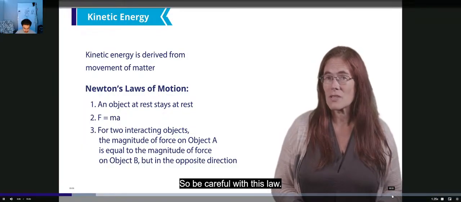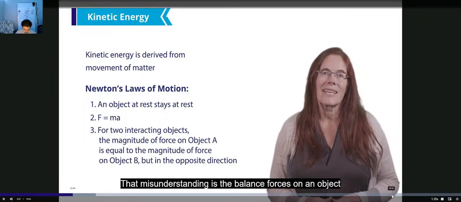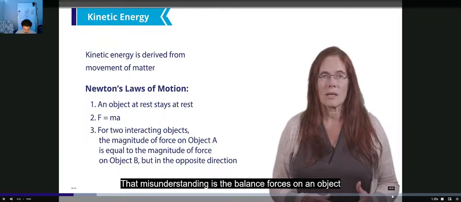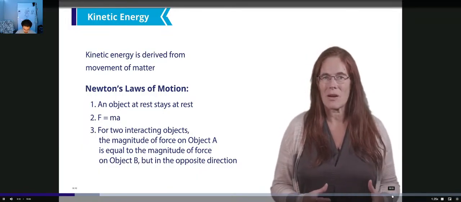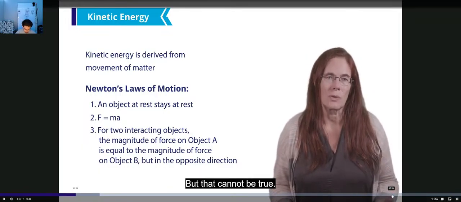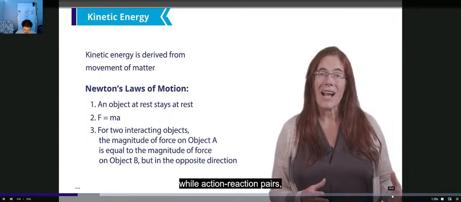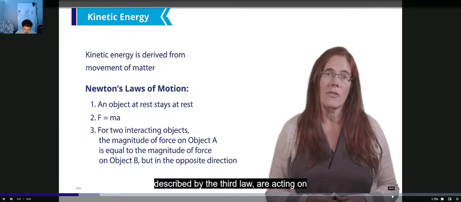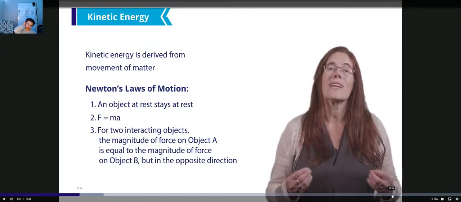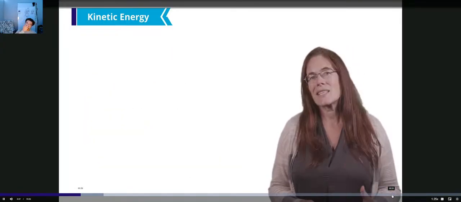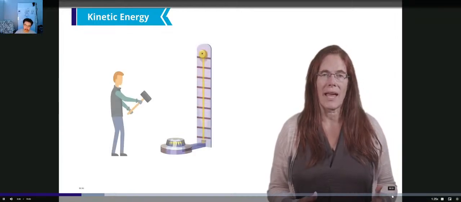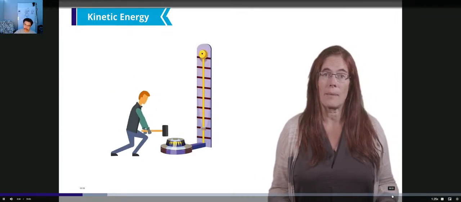So be careful with this law. That misunderstanding is the balanced forces on an object are these action-reaction pairs, but that cannot be true. Balanced forces are acting on the same object, while action-reaction pairs, described by the third law, are acting on two interacting objects.